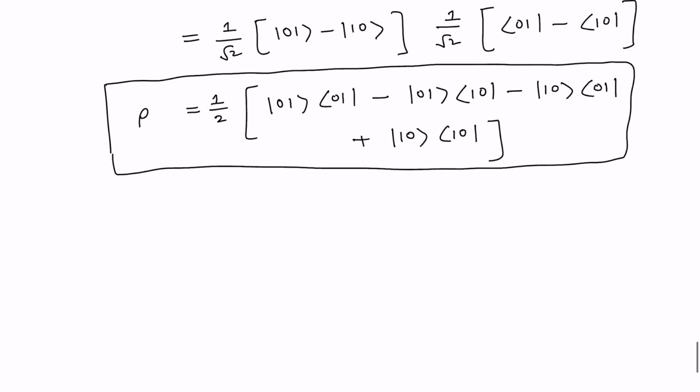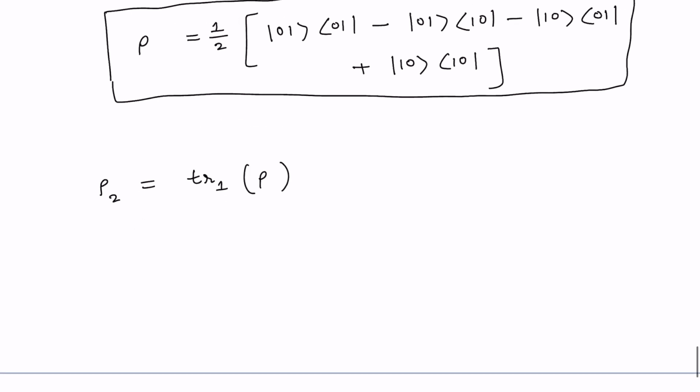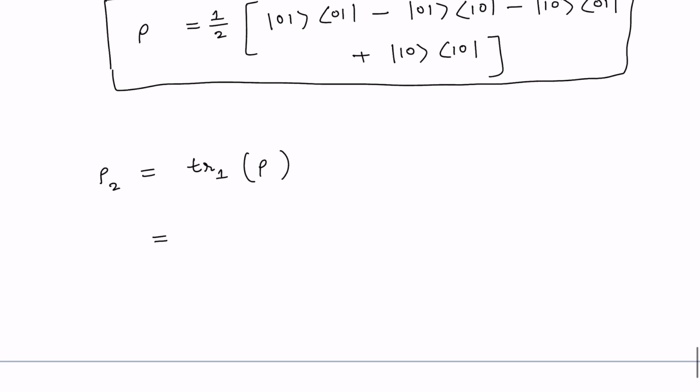So if we are interested in the second qubit or the second system, I have to trace out the first qubit. So tracing out the first qubit from rho, we have already done it, the procedure is as follows once again. You will take the trace over the first qubit. So you have 1 half here, trace over the first qubit: in the first term you will have ket 0 bra 0 for the first qubit, and the second qubit is ket 1 bra 1 here.